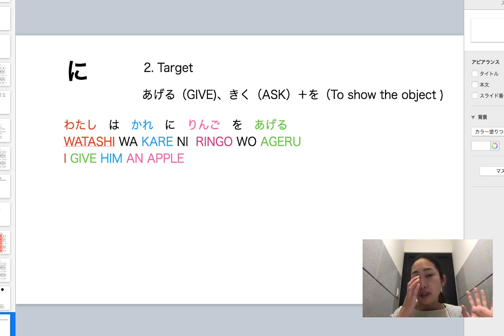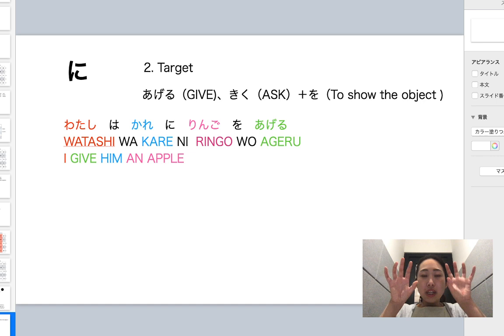Like, for example, for now, 私は彼にリンゴをあげる. Okay? This is the very exact, very good one. But you can say リンゴを彼にあげる. Okay?